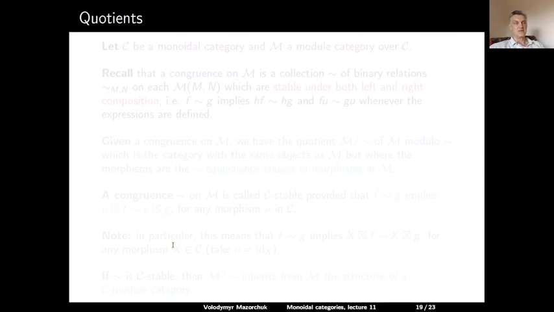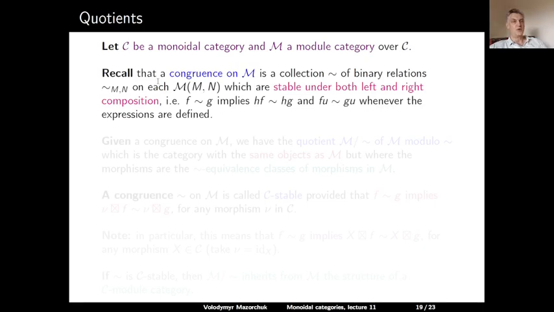Now let us briefly discuss the notion of a quotient for representations. Let C be a monoidal category and M a module category over C. Recall that a congruence on M is a collection of equivalence relations on each hom space from an object M to an object N in M. So we take this collection of equivalence relations, which we denote by sim.